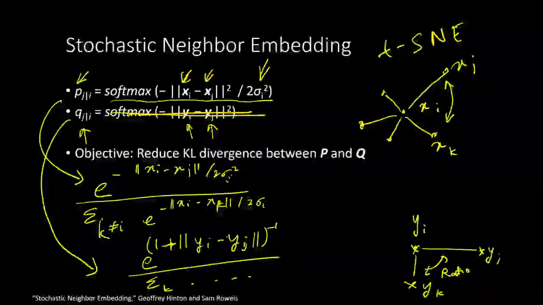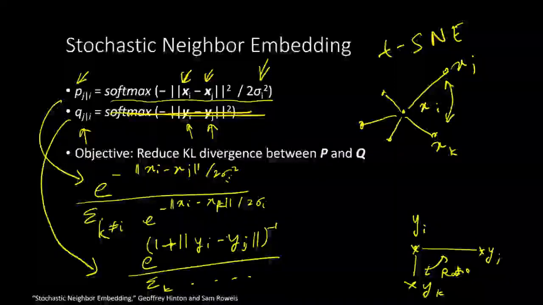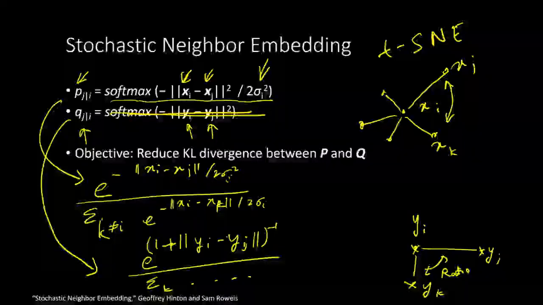That simplification allows us to find it in a canonical space. We don't have to worry about what the sigma is and so forth in that new canonical space. And this y is of a lower dimension.